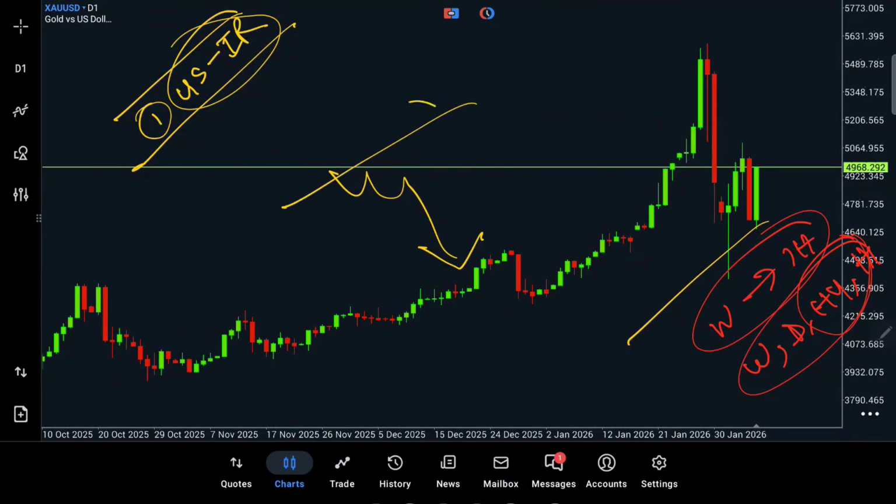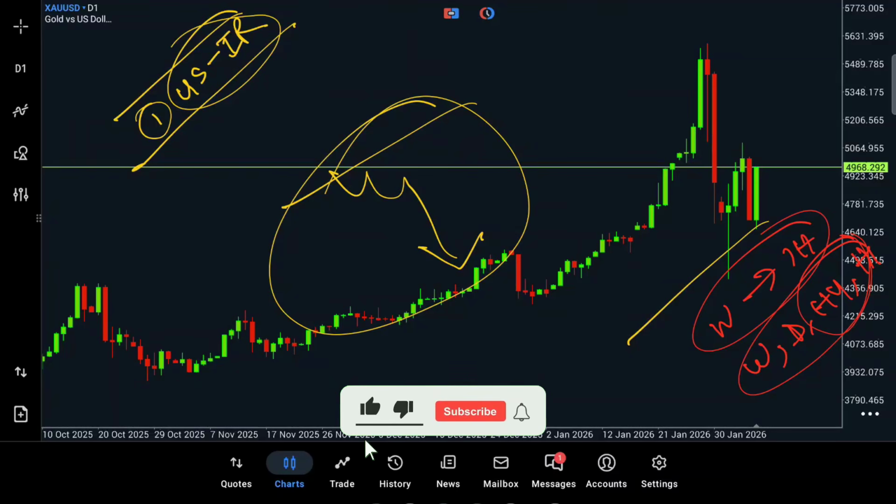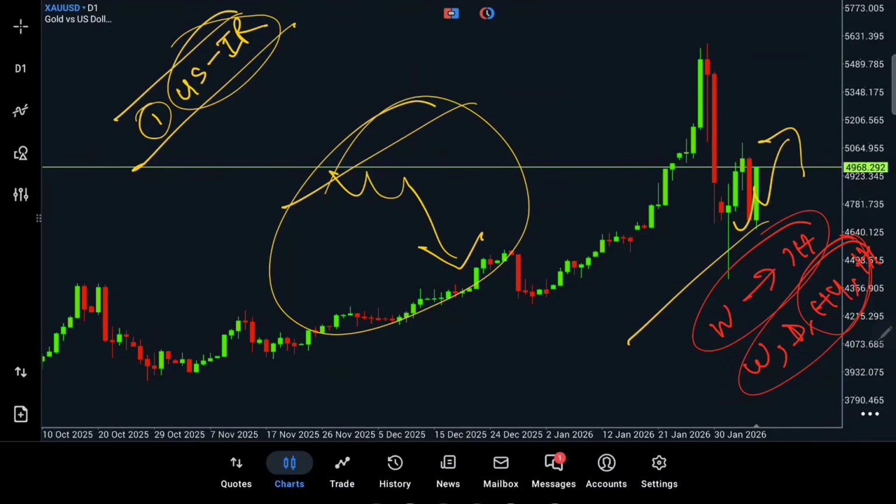I already told you in the last few weeks or months of analysis that if a peaceful agreement happens around the world or with the United States, the market will move bearish. Otherwise, if there is a non-agreement or violation, in that case gold will fly up. So you have to consider all of those things before we start.